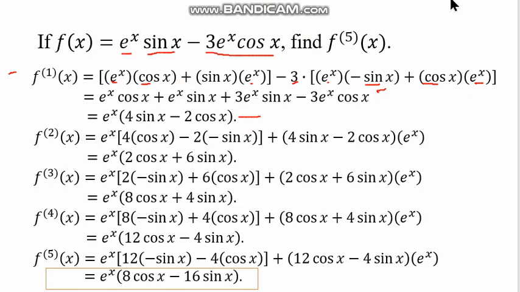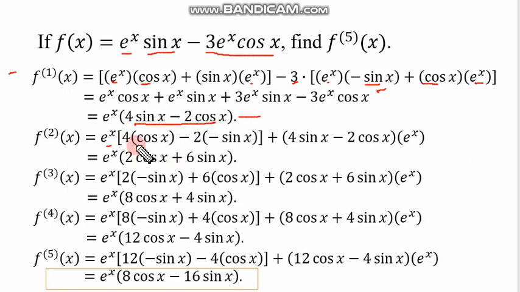We'll get the second part. So e raised to the x times the quantity of 4 sine x minus 2 cosine x, we'll get the second derivative using the product rule. So e raised to the x times the derivative of the second function.